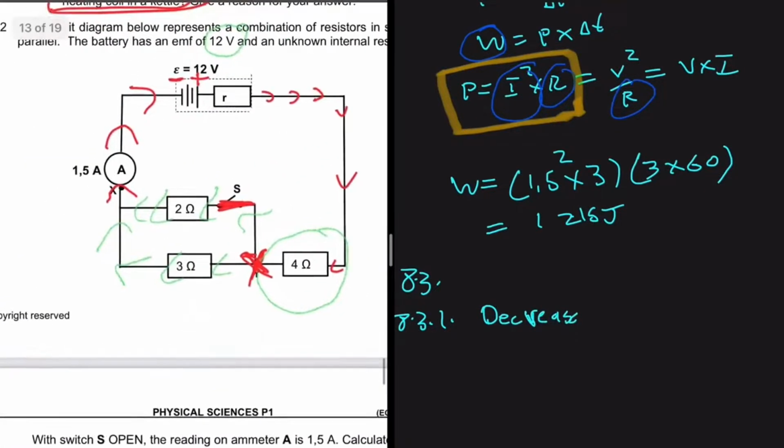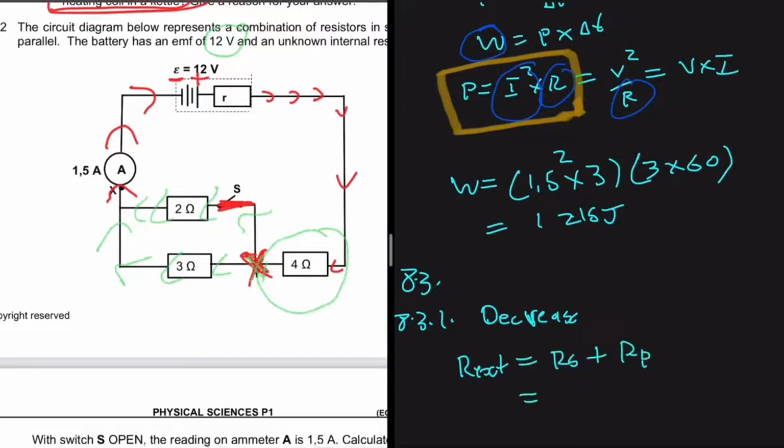Because if the current splits here, then the 2 ohm resistor and the 3 ohm resistor are now in parallel with each other. So R external will be equal to R in series plus the resistance in parallel.